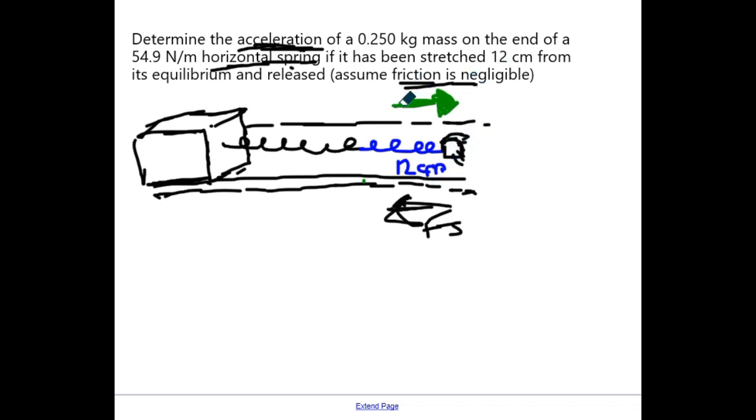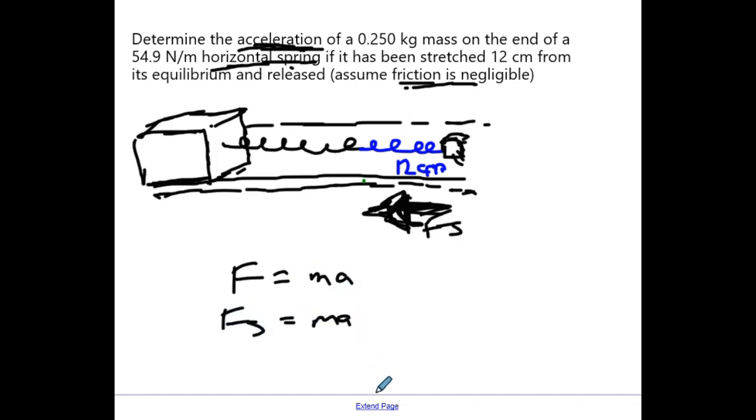So no longer is there this green force holding the box in place. The only force that we have now is this restoring force that wants to pull it back towards its equilibrium point, right? And so if I were to consider a free body diagram, really there's just the one force. So I could say, well, normally F is equal to ma, but there is only one force. The restoring force would be equal to m times a.